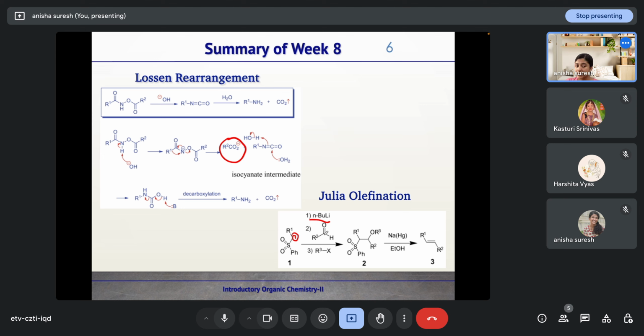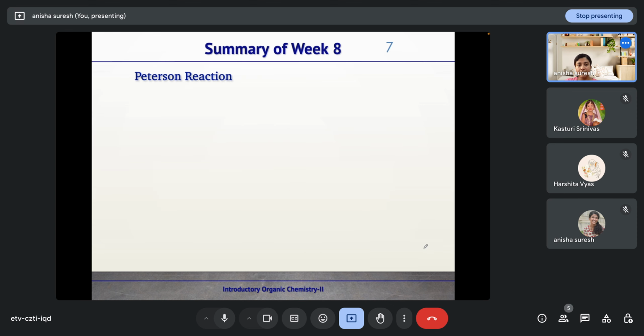It will add on to this aldehyde, and the O minus that is generated will react with this R3X, leading to the formation of OR3. Upon treating with sodium amalgam, it will lead to the formation of this alkene. Now the Peterson reaction is another reaction leading to the formation of olefin.